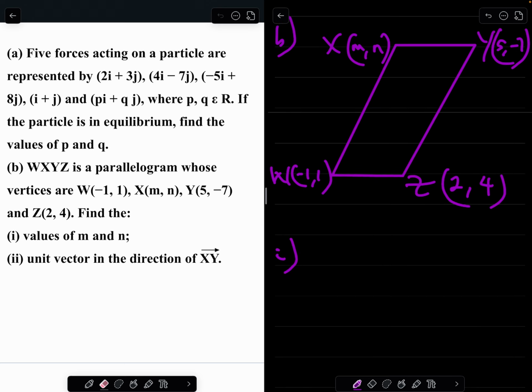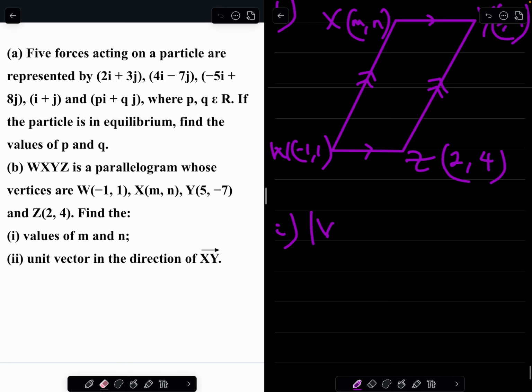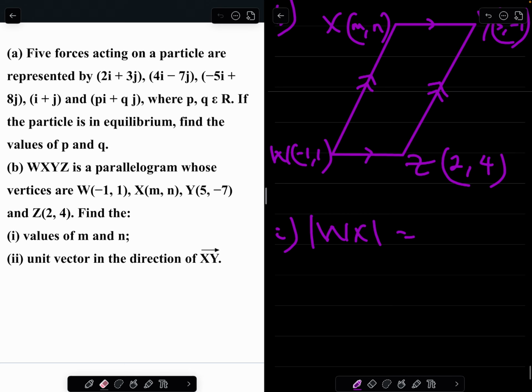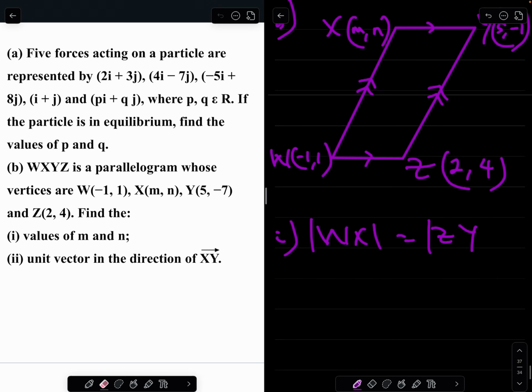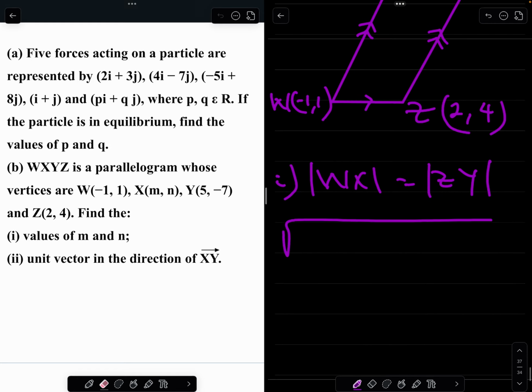Now, if this is a parallelogram, we know that its opposite sides are equal and parallel. This length is parallel and equal to this length, and this length is also parallel and equal to this length. So that means I can say the length WX is equal to the length ZY. And how do I find the length WX?